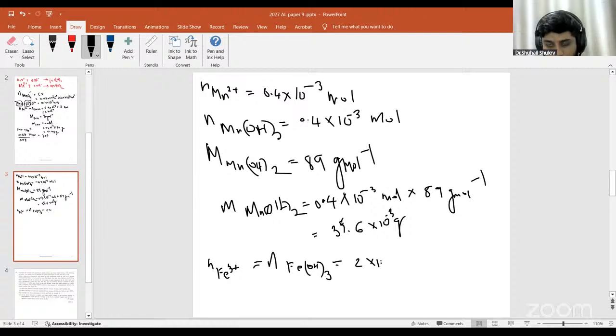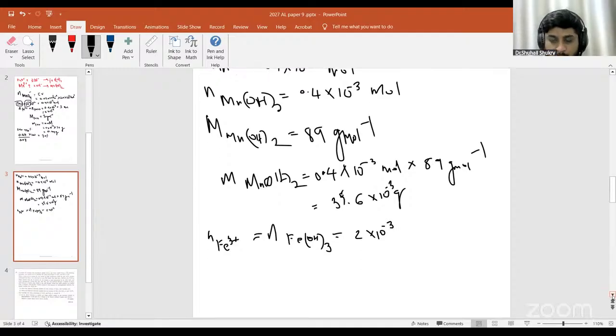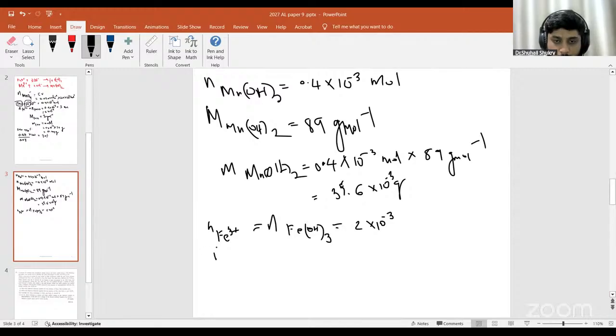So I have to find the molar mass of Fe(OH)3. What is the molar mass of Fe(OH)3? Can you tell me?